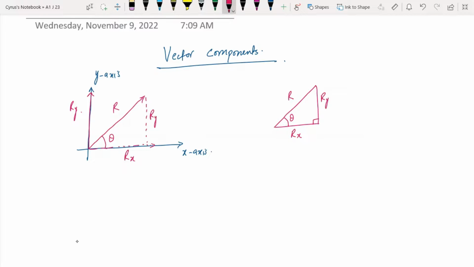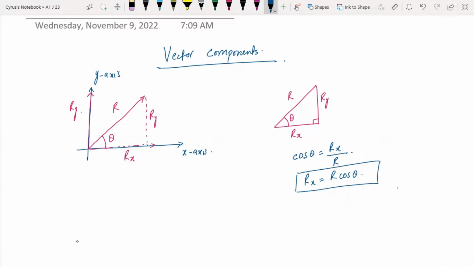अच्छा, अब if you talk about this component here, that is the horizontal component, what you can do is you can apply the formula cosine theta is equal to adjacent, which is rx, over the hypotenuse, which is r. समझ आ रही है? And this becomes rx is equal to r cosine of theta.